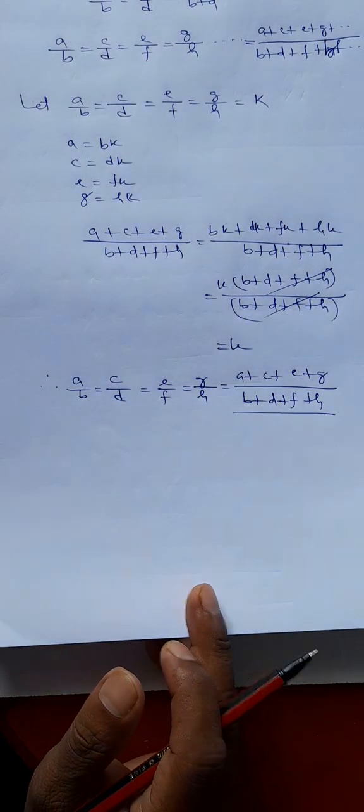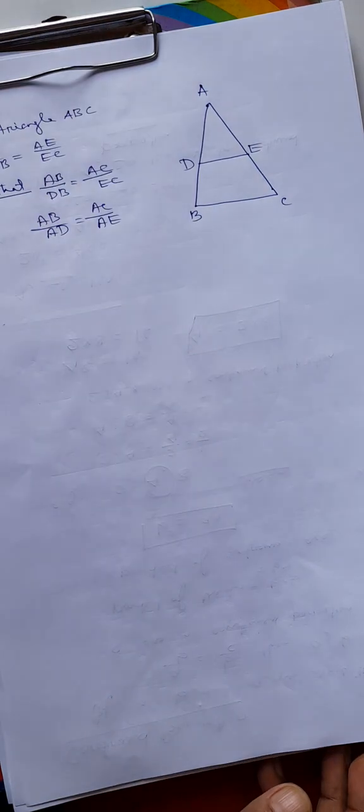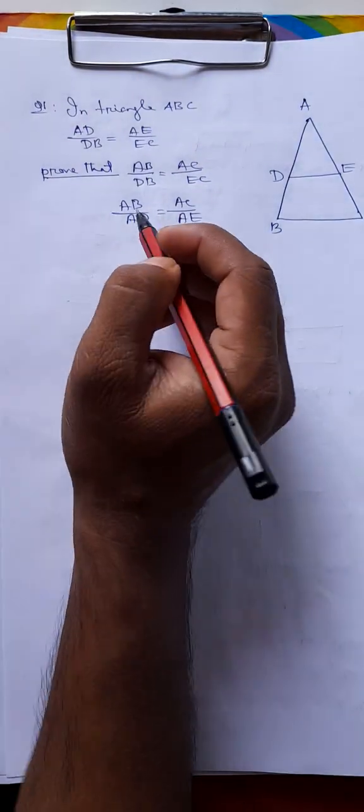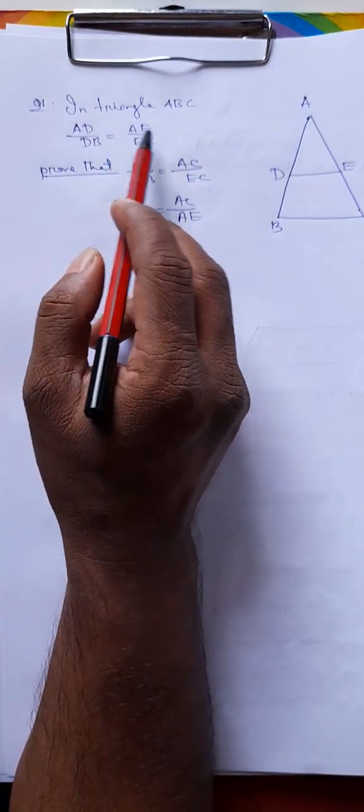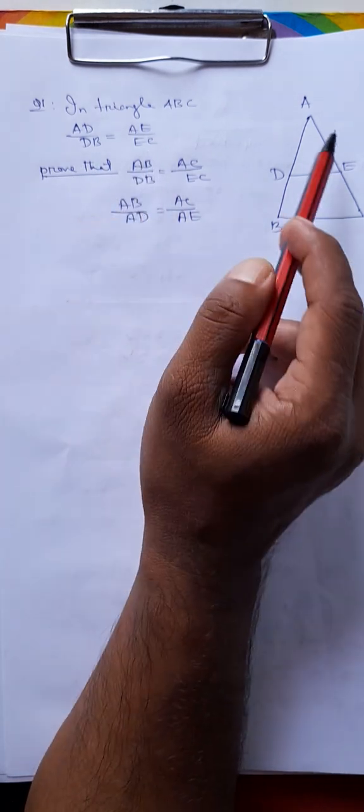Now we will try to use the properties of ratio in solving a geometrical problem. Let's try to solve this problem. In this triangle ABC, AD by DB equal to AE by EC.